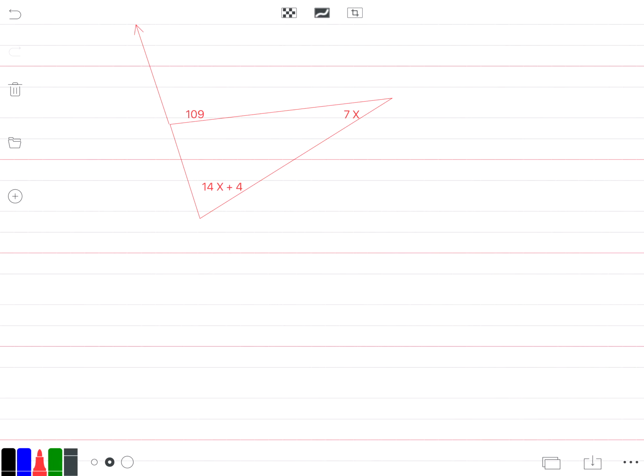The other way to do this, that's quicker, is, if you remember that a straight line equals 180 degrees. Right here they give you, whoops, I missed a little bit, 109 degrees on this side of the line. So you have to find this angle here.